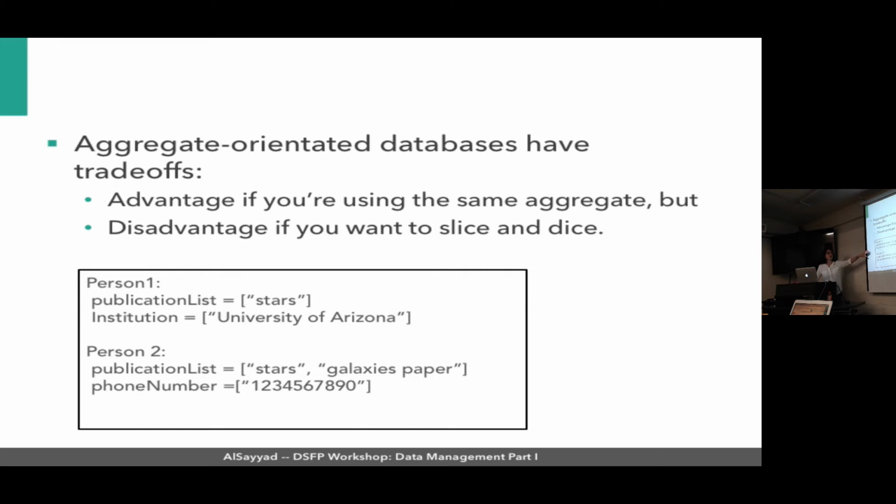But what I wanted to point out is that this aggregate orientation looks a lot like the object-oriented programming model that we talked about yesterday. And you can think of it as related to that when you're mapping out how to model your data.